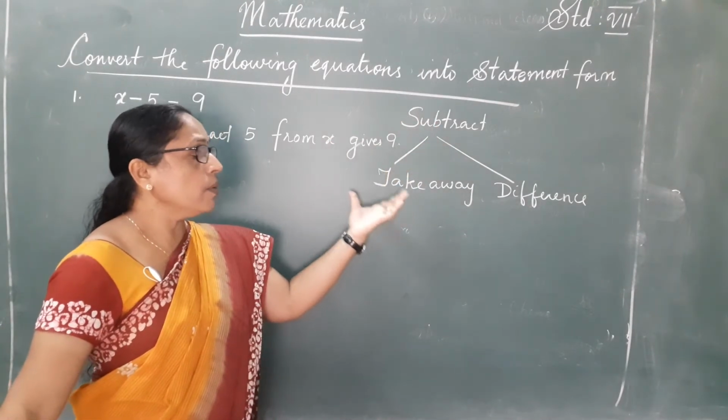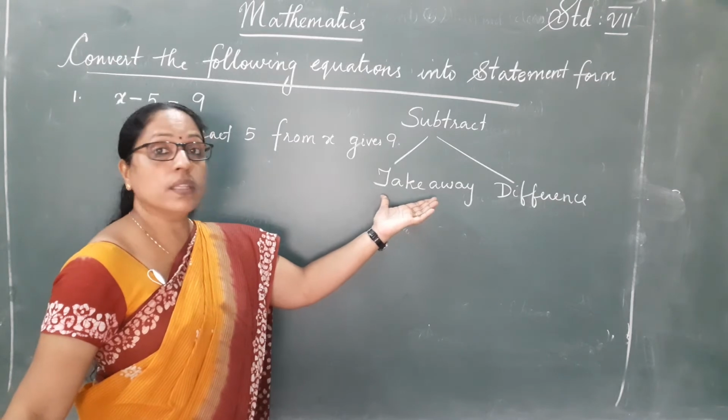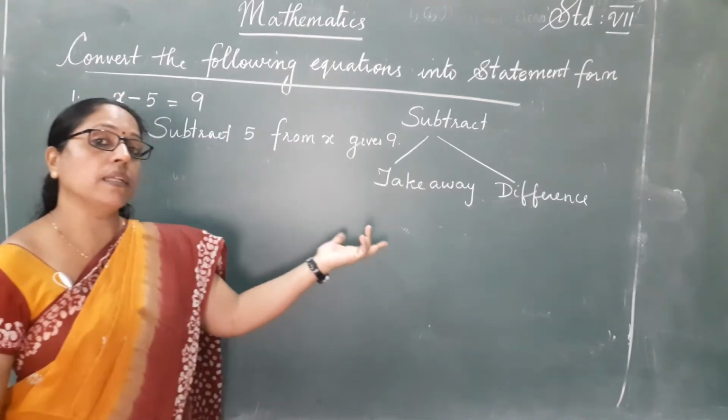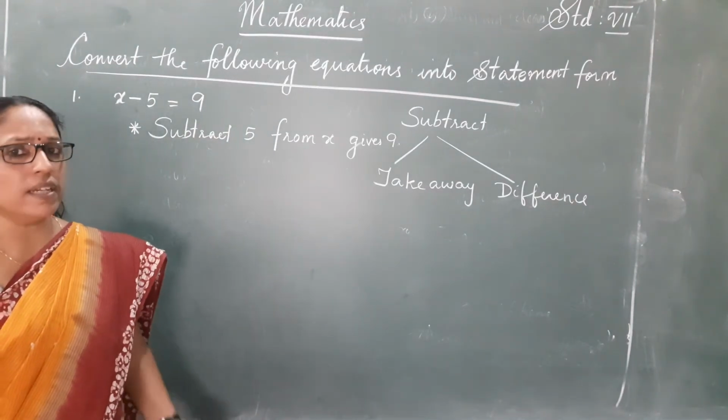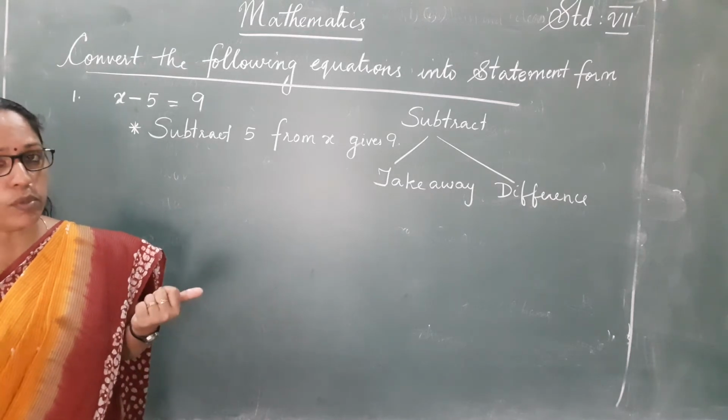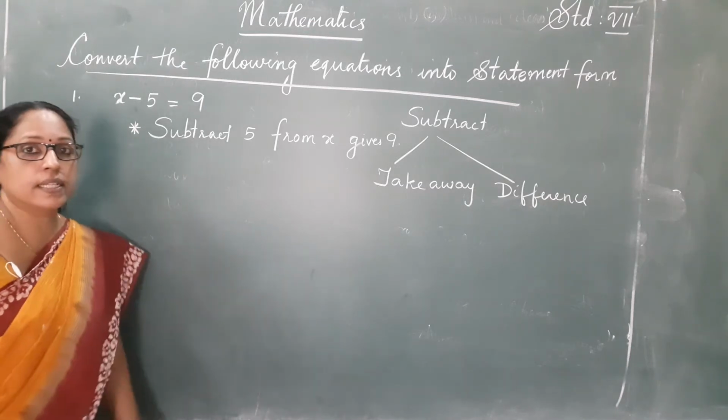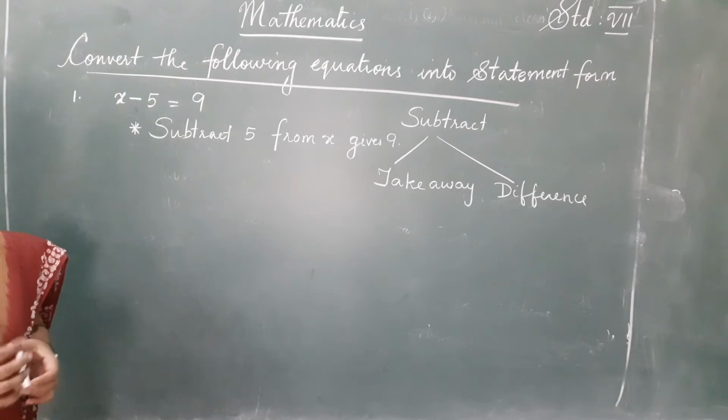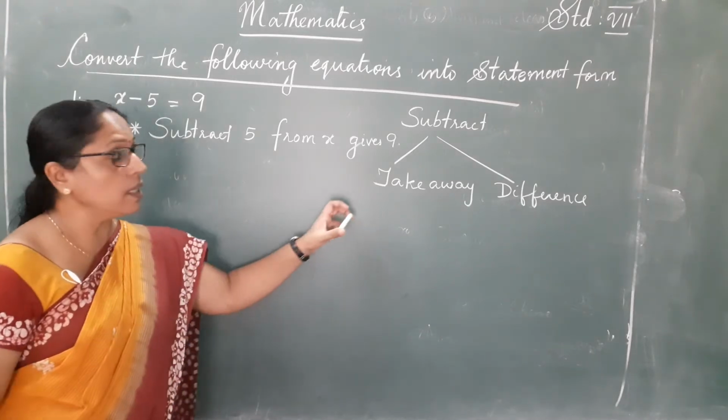Okay. Now, how can we make a statement using the word take away? Instead of subtract, we are going to use take away. Take away means subtract, remove. How do you create a statement using the word take away?